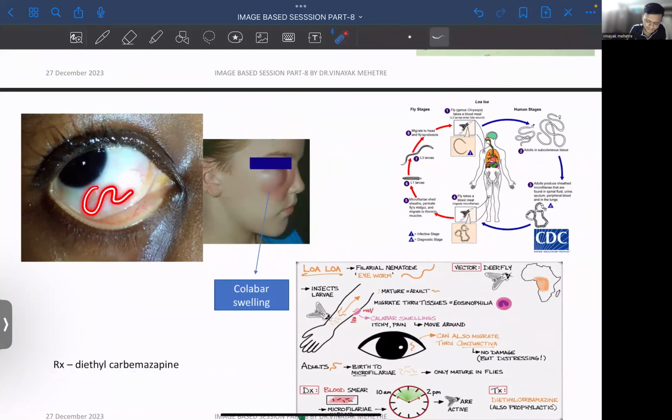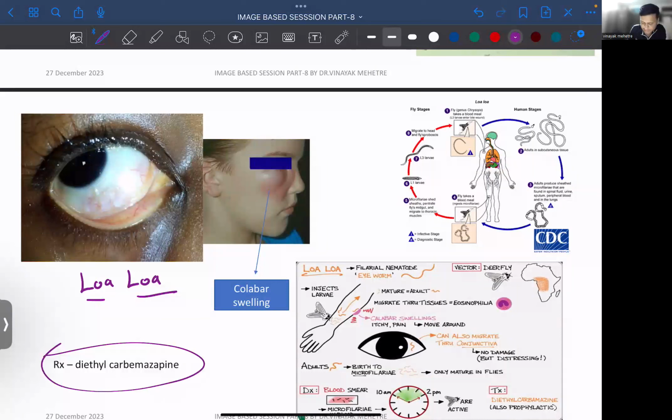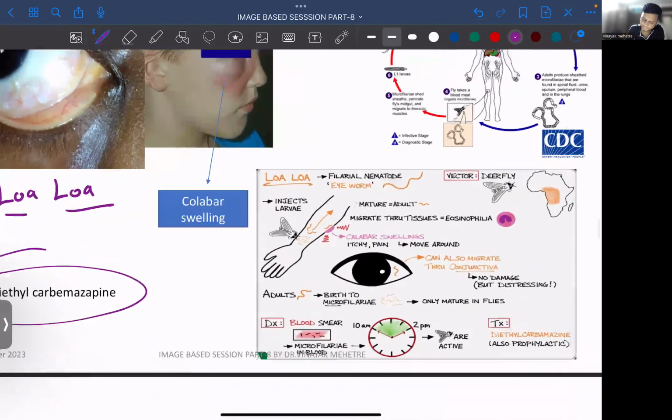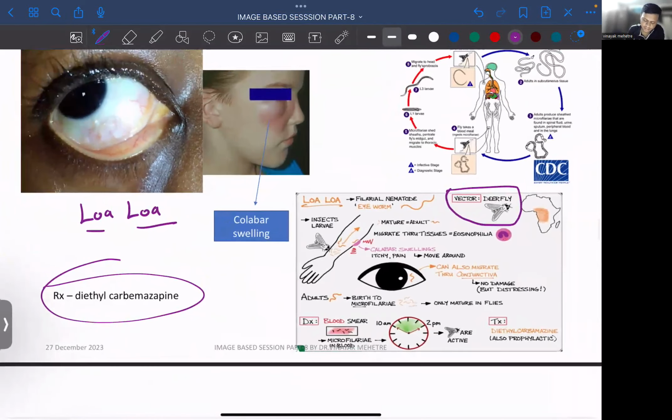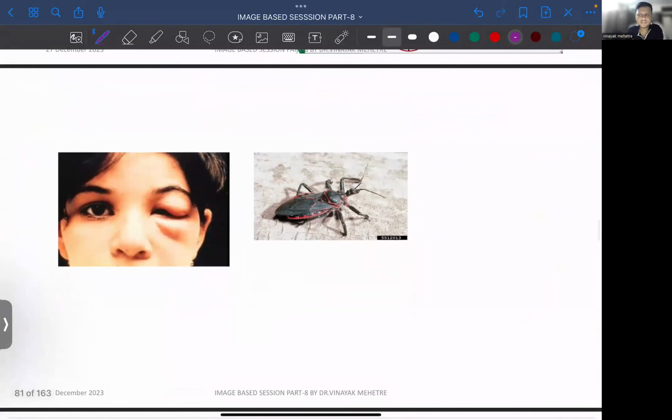There will be a worm inside. ठीक है? सुन लेना गाना. The treatment is डाइथाइल कार्बेमाज़ेपिन. Vector for Loa loa disease is deer fly. डर्मा के साथ हम माइक्रो भी रिवाइज कर रहे हैं.